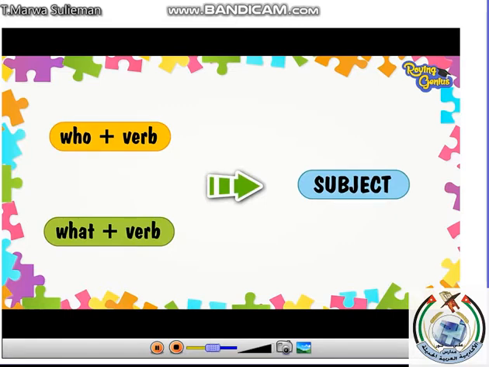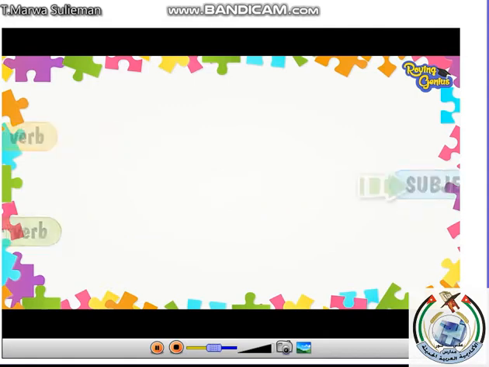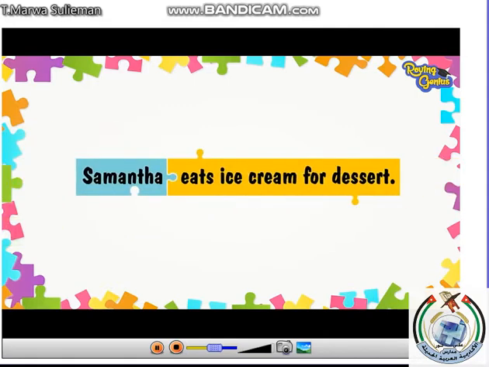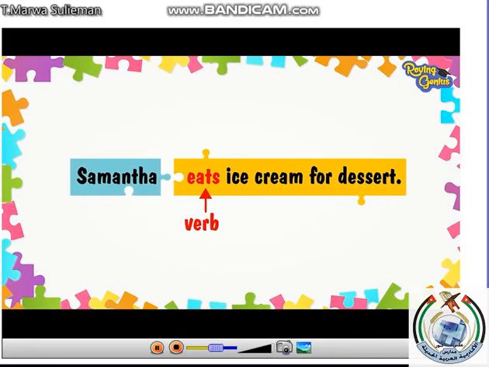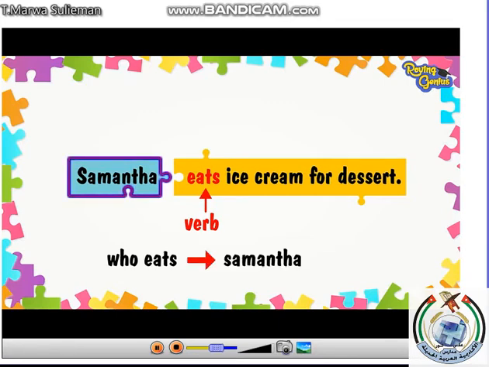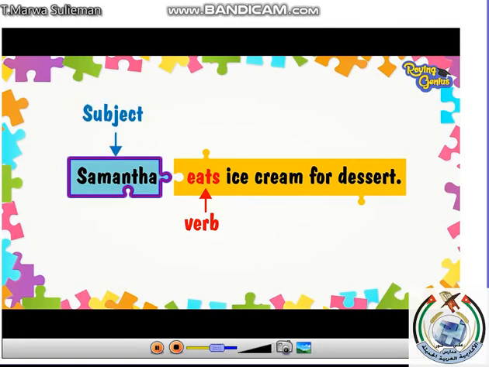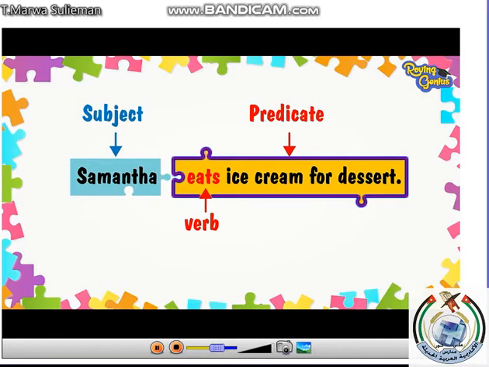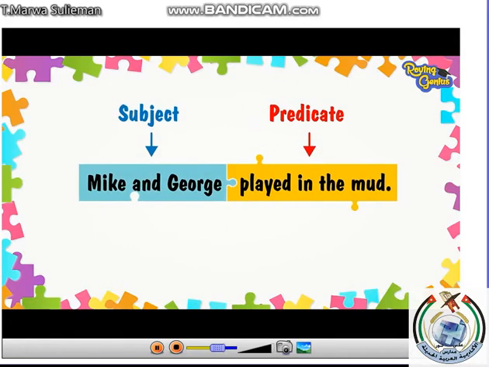Let us now pick out the subject and the predicate from a few sentences. Samantha eats ice cream for dessert. Here, the verb is eats. When we ask who eats, we get the answer Samantha. So, Samantha is the subject and the rest of the part is the predicate. Mike and George played in the mud.